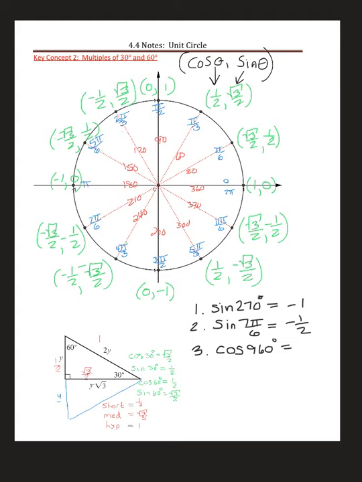So if we subtract 720 from 960, we'll find that we're actually looking for the cosine of 240. So they're going to be equal to each other. And the cosine is the x coordinate, and if we go to 240 degrees, then we are looking at -1/2.